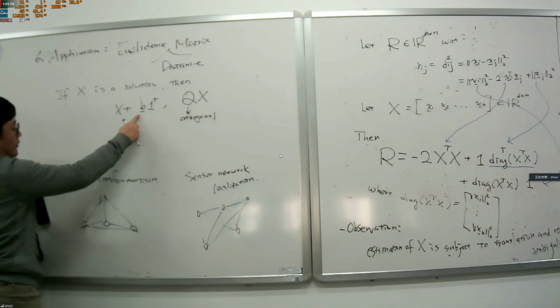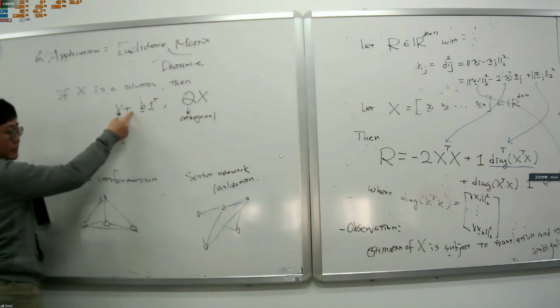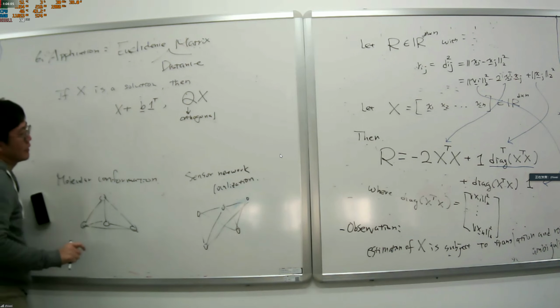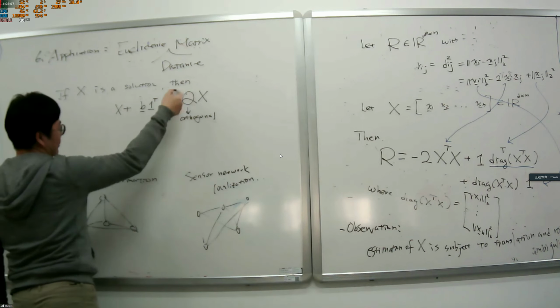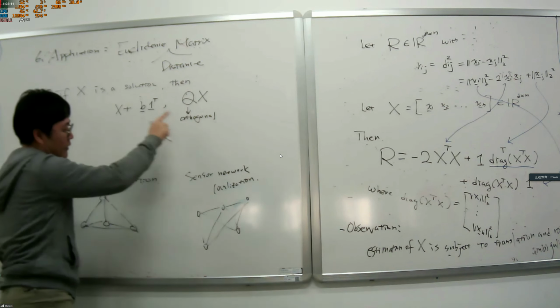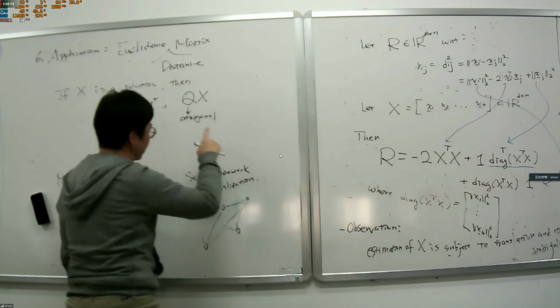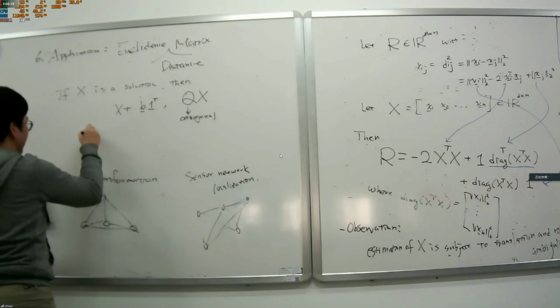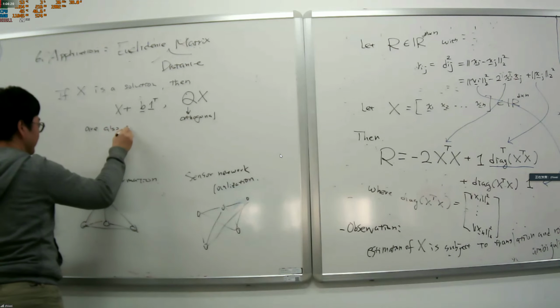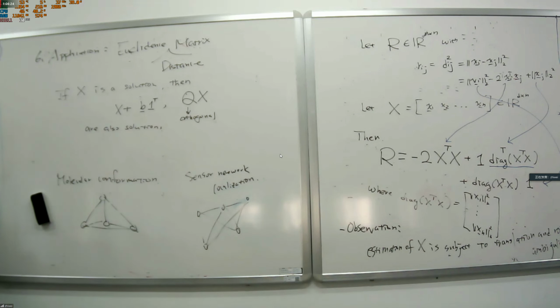X plus b times 1 transpose means each of x1 to xn is shifted by b, and this one is doing rotation. So if X satisfies this, then these also satisfy this. This is quite obvious. They are also solutions.